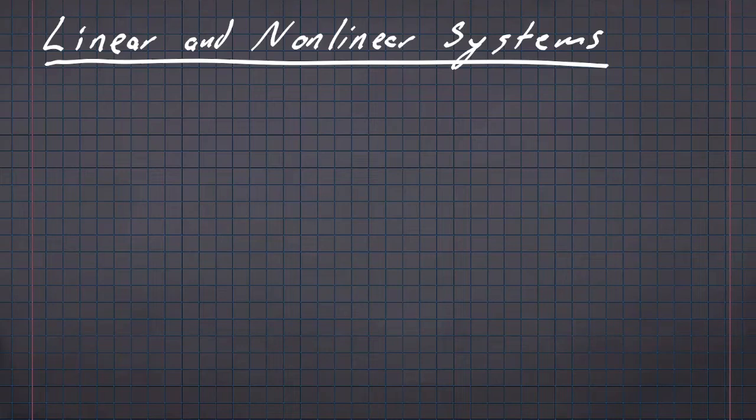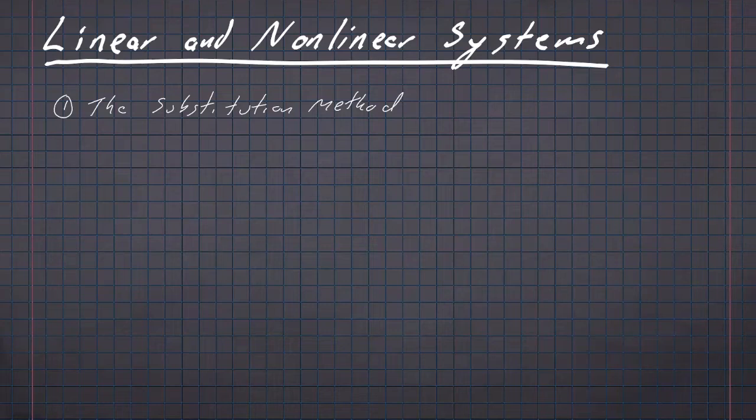And this being math class, we're going to be looking for exact solutions, which means we're going to want to try to find tools to solve algebraically. The substitution method is my method of choice for solving a system of equations when one of the equations is already solved for a particular variable.